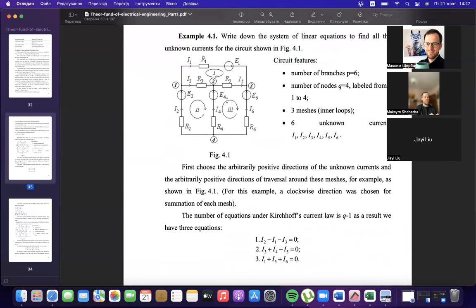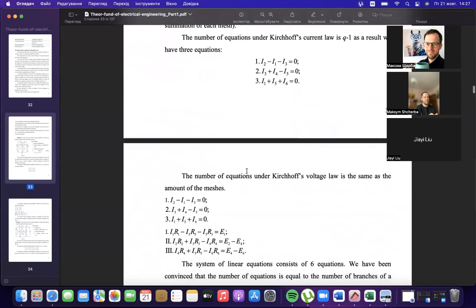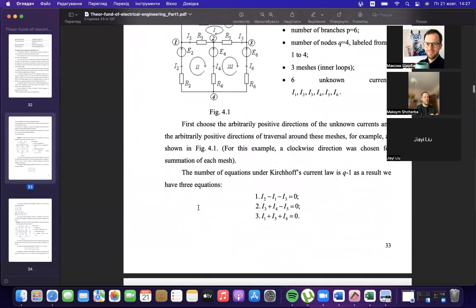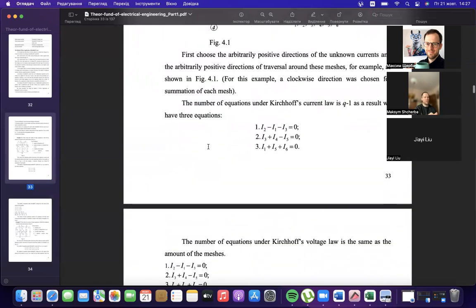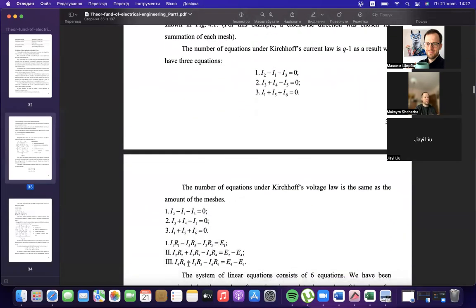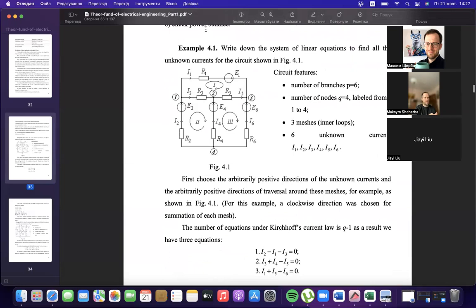For example, here, this is the example from the previous class. For this circuit we obtain 6 equations, because we have 6 different currents.